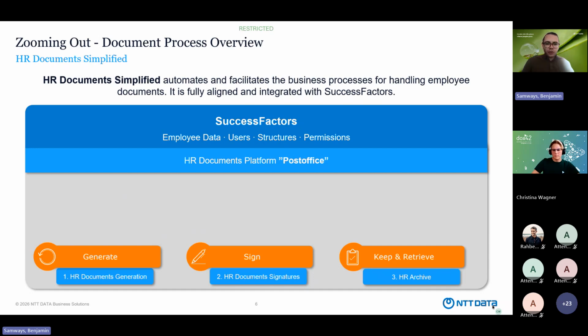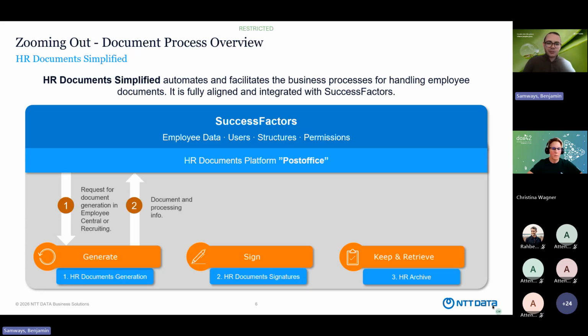On top of all of this, we have what we call our HR documents platform, or the post office. You can consider this the engine that drives all the data between systems, and it also manages the central hub for electronic signatures. A typical use case for many of you will be that you have a need for a document of some kind within the system. That starts with a request, either through Employee Central or through the recruiting module in SuccessFactors.